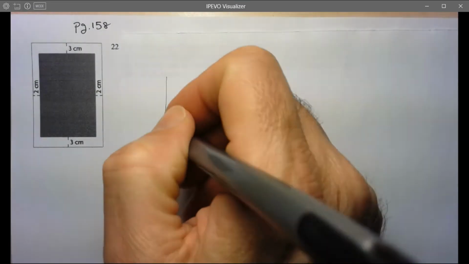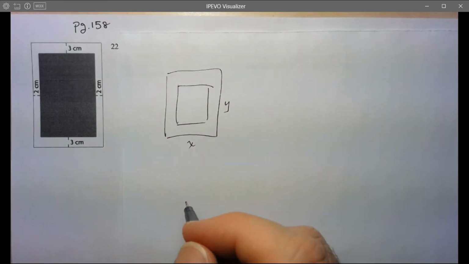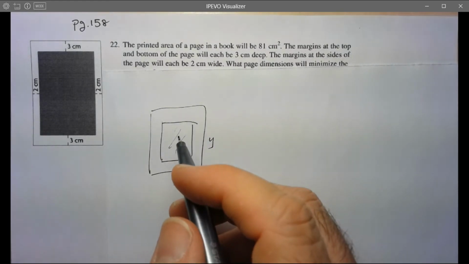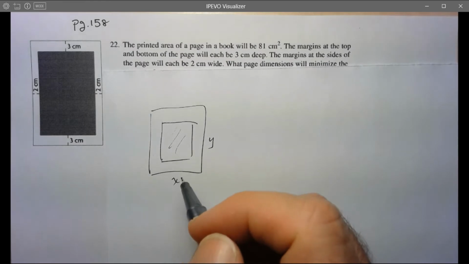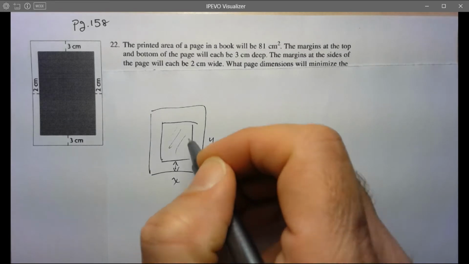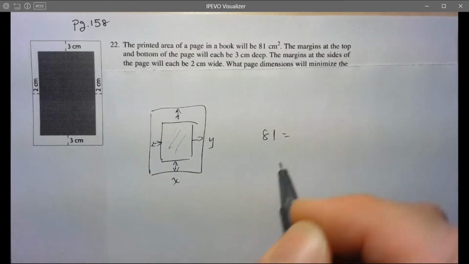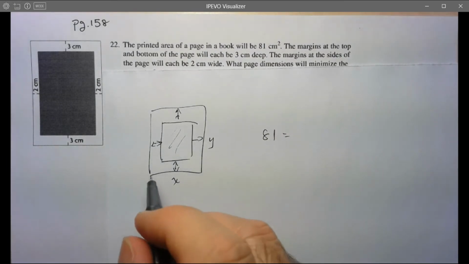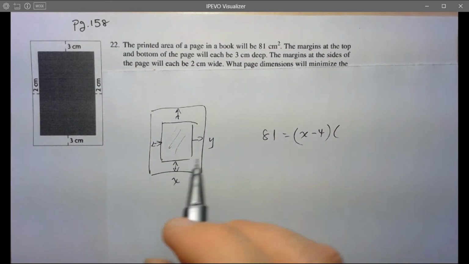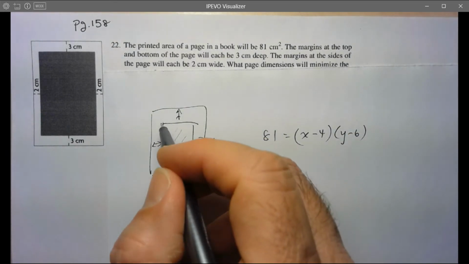Let's say we did do that. So let's say we called this X and this Y. When I want to use the information that the printed portion has an area of 81 centimeters squared, well, what I'm going to have to do is this area 81 is going to end up being equal to, well, X minus 2 and 2 is 4, so X minus 4, and then here Y times Y minus 6 to represent the length and width of that smaller rectangle.